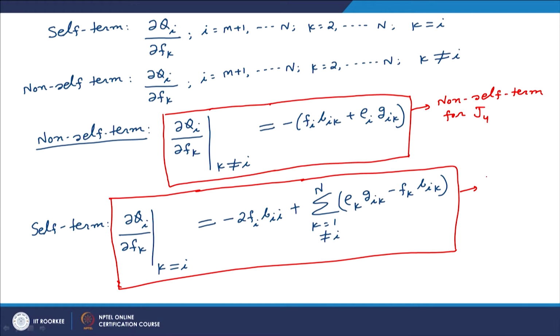This is actually the self term for J4. So, now we have essentially derived all the elements of this Jacobian matrix J, and now we are in a position to describe the very basic skeleton algorithm of the Newton-Raphson rectangular technique.